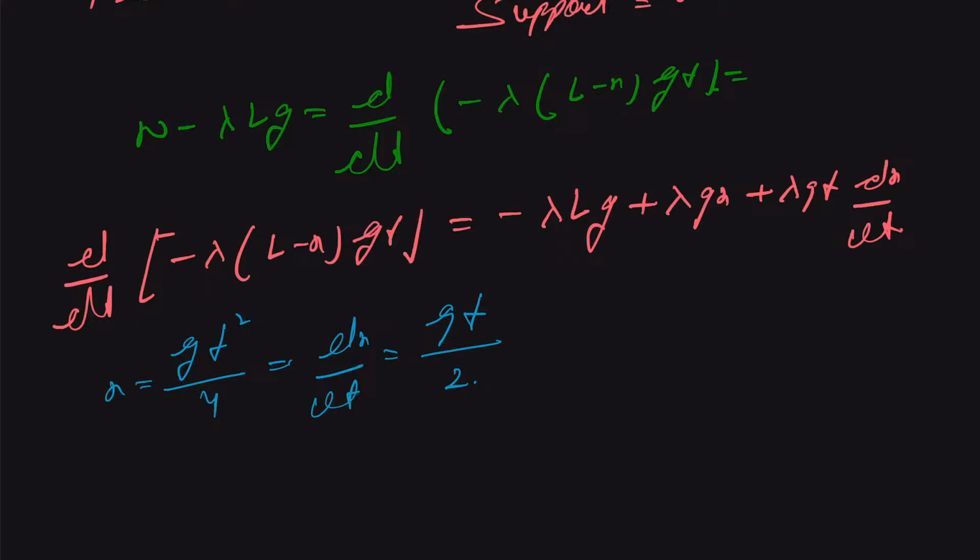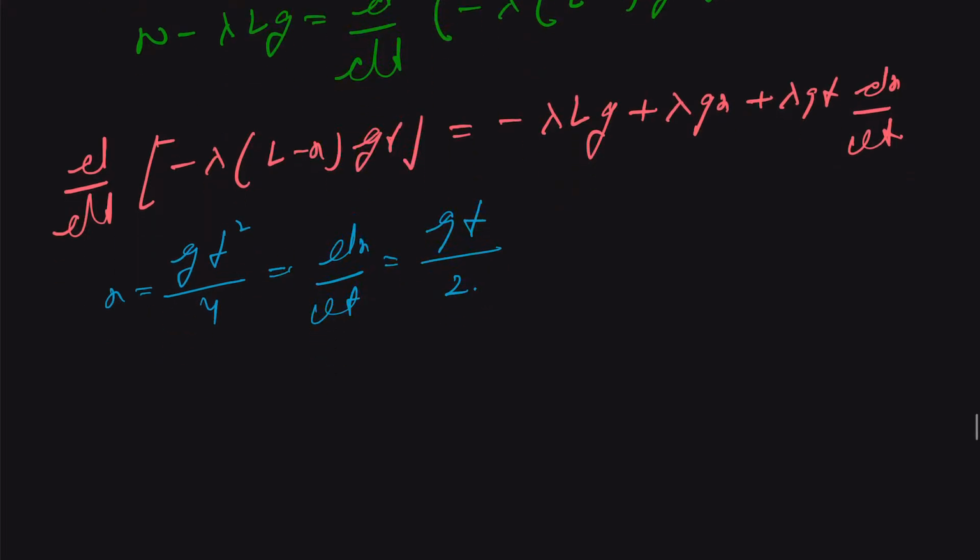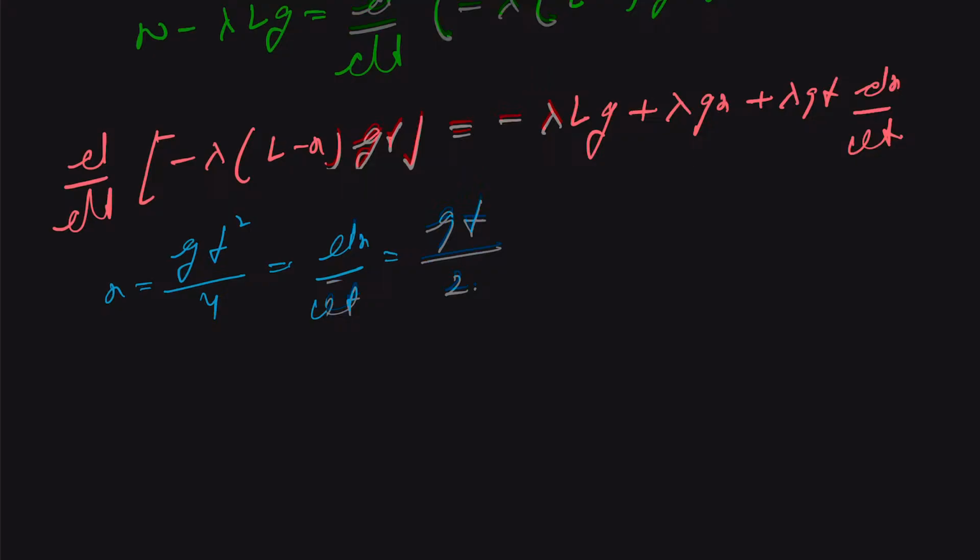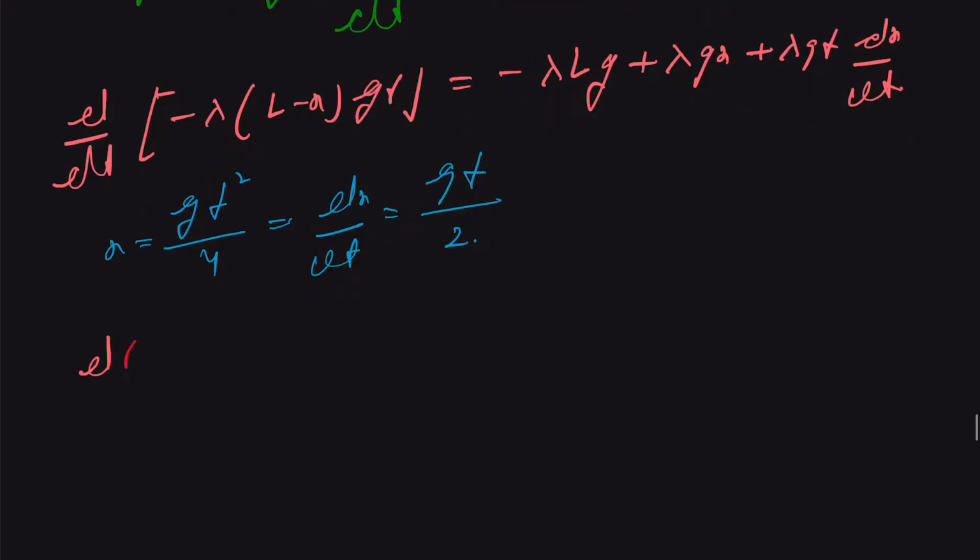Now we substitute it and we get our rate of change of momentum, dp by dt, equal to minus lambda L g plus lambda g x, and x we can substitute, so we get g t square by 4.